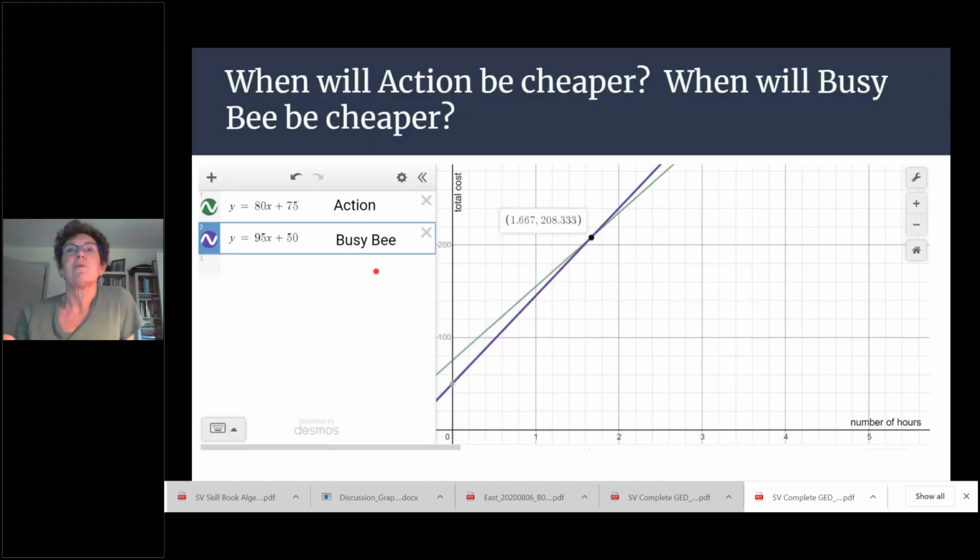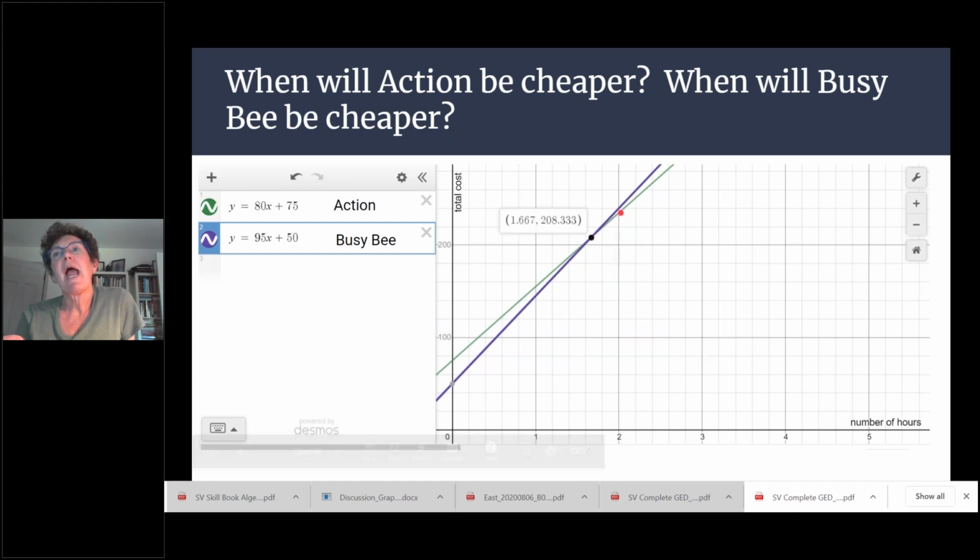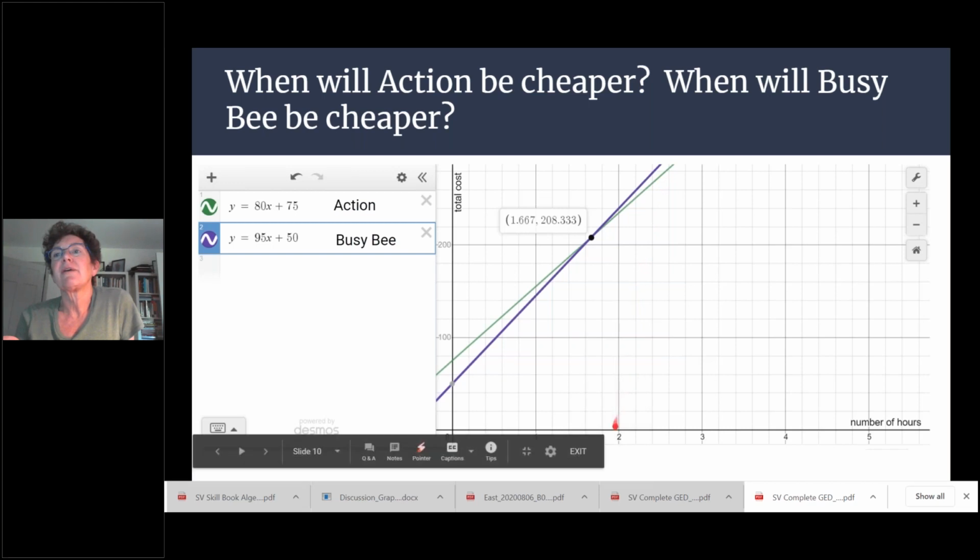Okay, so we just answered this question. Will Action be cheaper? We can see that the green line is the Action Repair Company, and they are cheaper after we get to an hour and 2/3, because here's where the line is lower. We want to double check. We looked on here at 2 hours.